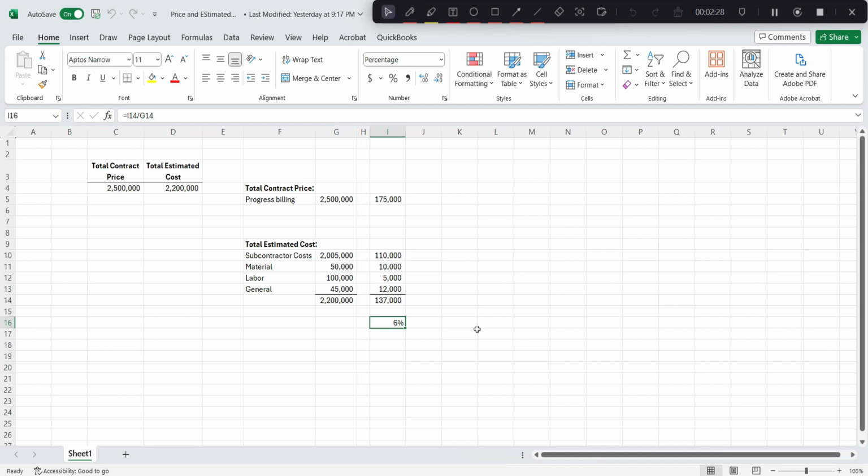So you take your costs incurred divided by total estimated cost, you're 6% complete. Now, that doesn't always work, right? There could be different reasons why you may be further along or further behind than this, but it's a fairly straightforward way, an acceptable way to track progress, which is key.